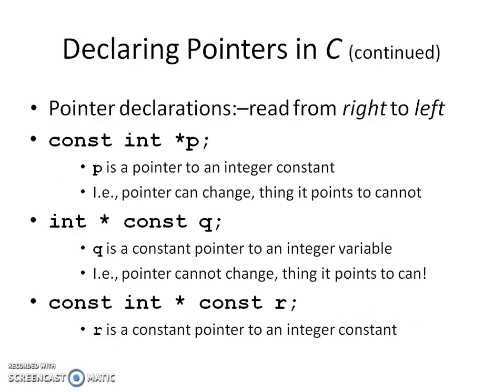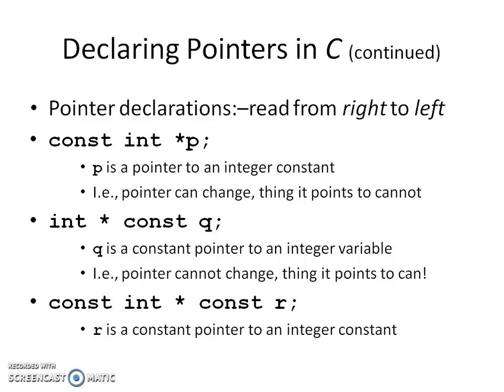For pointer declarations, we need to read from right to left, not from left to right. Then only can we understand it clearly. For example, const int asterisk p: p is a pointer to an integer constant, so the pointer can change what it points to, but not the integer.